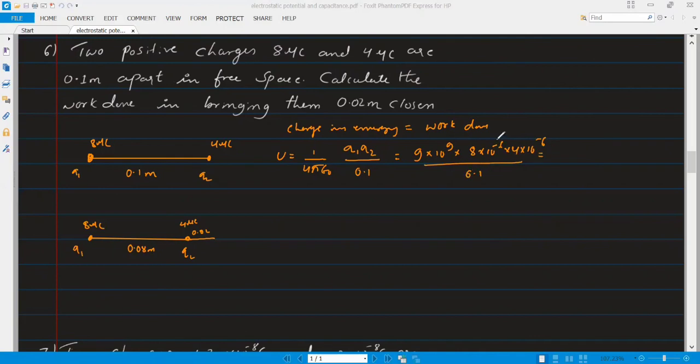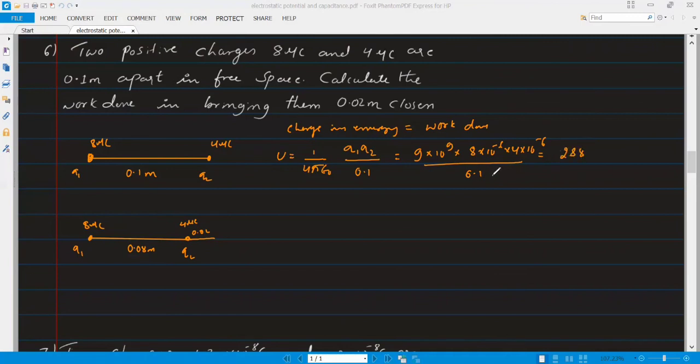If you solve for this, 10 to the power of minus 6 and 10 to the power of minus 6 gives minus 12, minus 12 plus 9 is minus 3. 8 fours are 32, and 32 into 9 is 288.